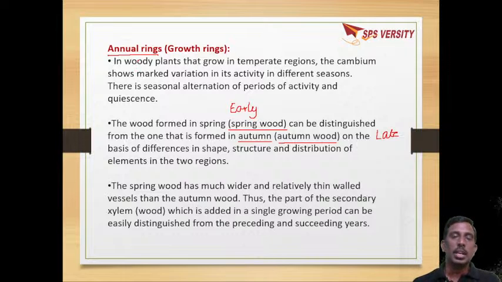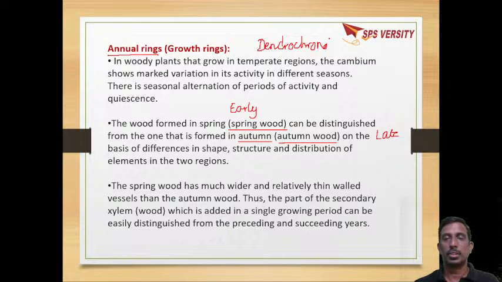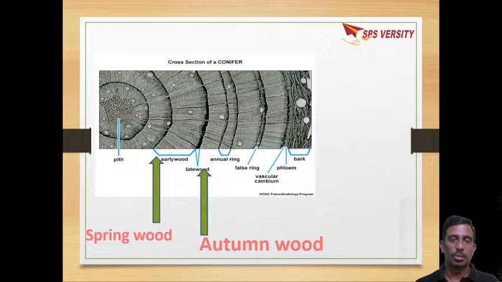This branch of botany which deals with counting the age of trees by counting the annual rings is called dendrochronology. So you can see here, this is early wood, this is late wood. Combined, the early wood and late wood are called an annual ring.